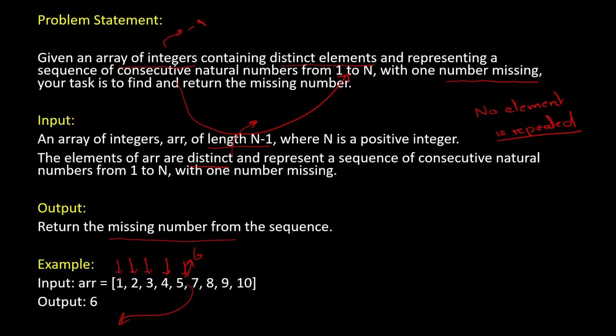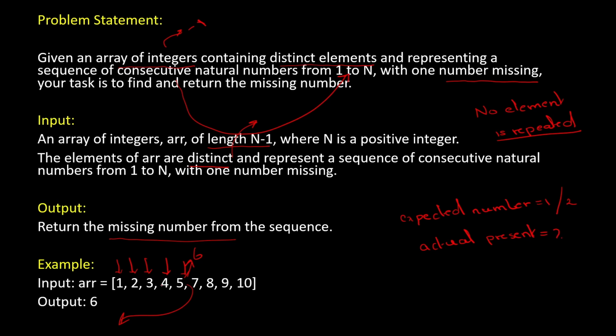You always know the first element is 1, so you will have something called the expected number. At the first place 1 should be there, and at the second place 2 should be there, and you will compare it with the actual number, what is actually present there.